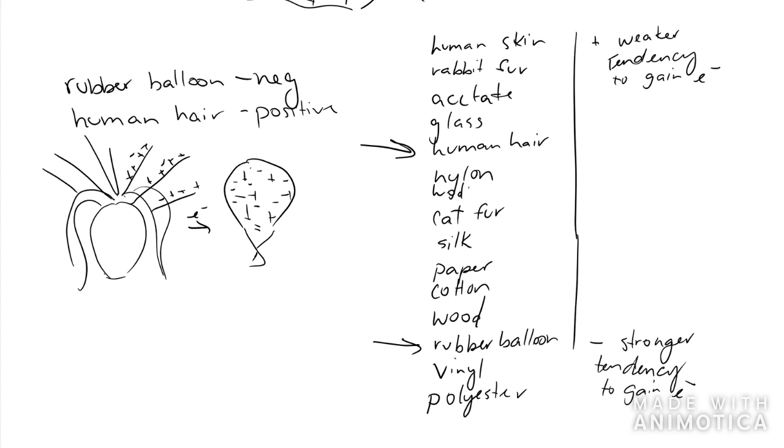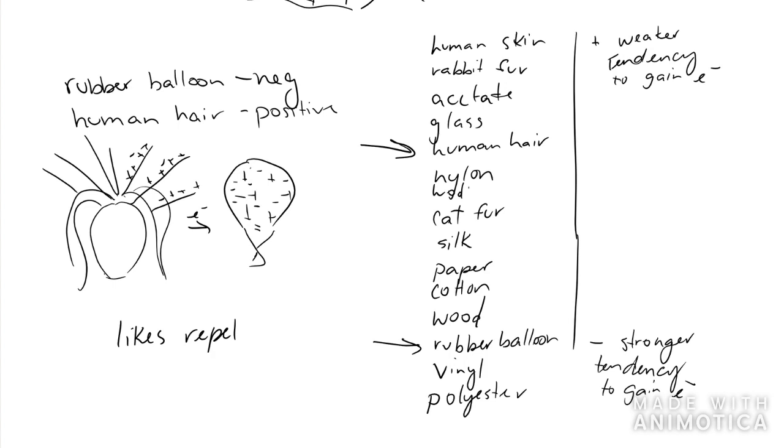But what happens when you have a positive hair next to another positive hair? Well, positives or likes repel. So when you've stripped the negatives out of your hair, the protons will actually repel each other, which is why it'll stand up, which is kind of cool in my mind.